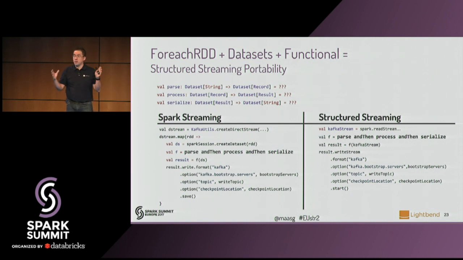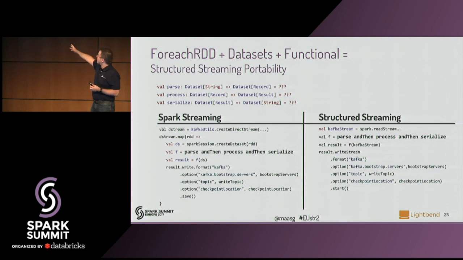You can actually plug the Spark streaming version and the structured streaming version to the same data source using that model. And what we are doing then is composing functionally every step where we're doing parse and then process and then serialize. That defines my final transformation function, and I apply that final transformation function to the oncoming data. That's on the Spark streaming.